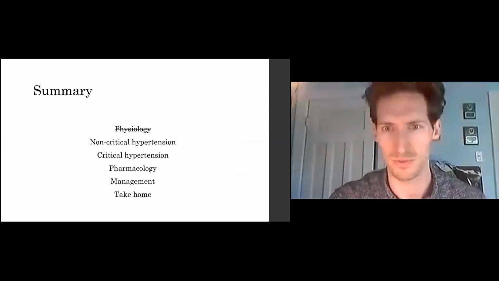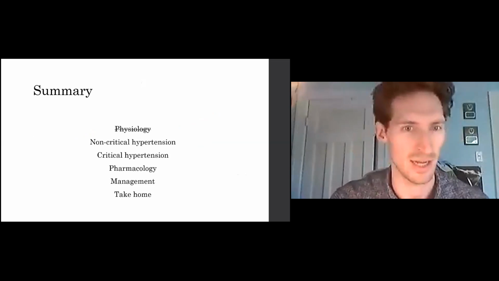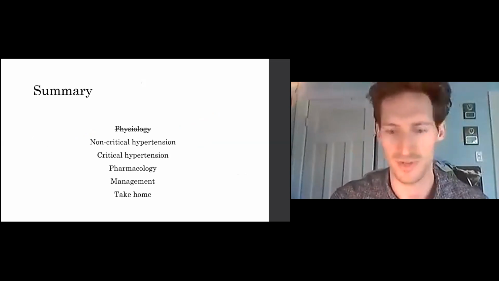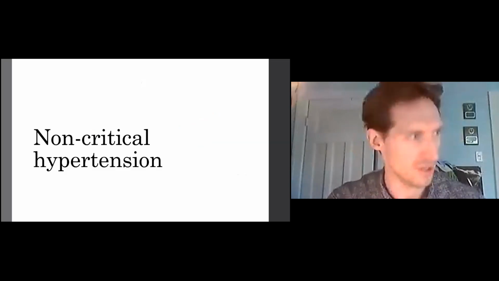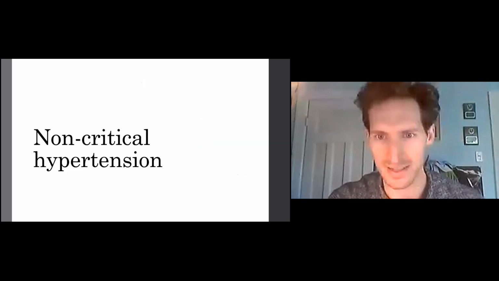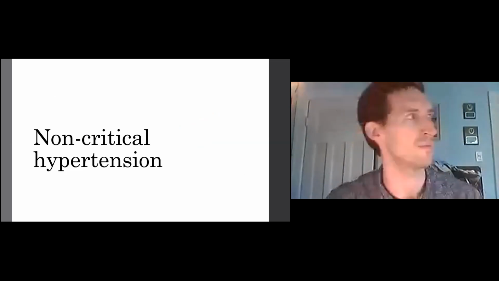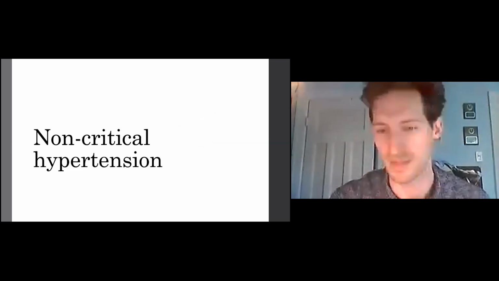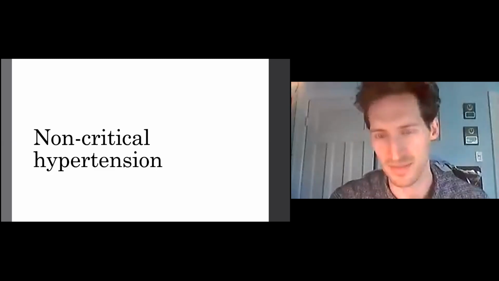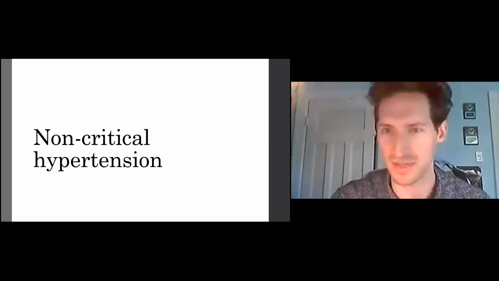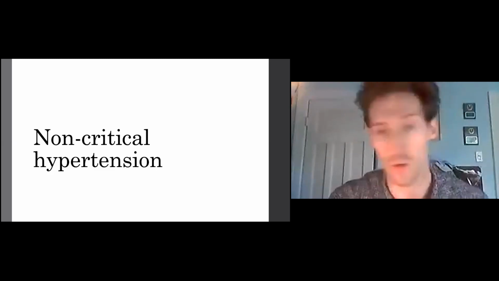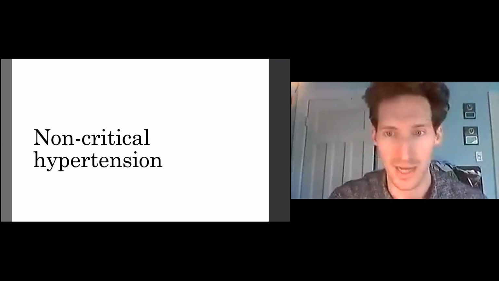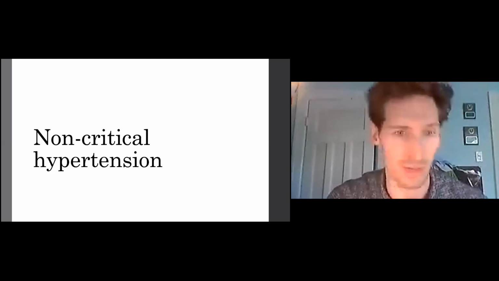So hopefully the physiology part wasn't too painful, and we'll move towards non-critical hypertension. To give you more of a scenario, this is the person coming in from the clinic, from a pharmacy, or even from home because they have a BP machine at home, and they're coming in because of a high number and a high number only.